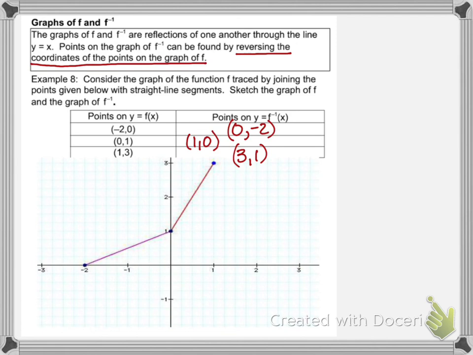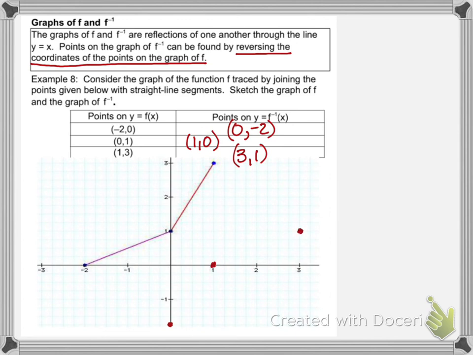So 0, -2, it's going to be hard to fit. 1, 0 is right here. And then we have 3, 1, which is around right here.